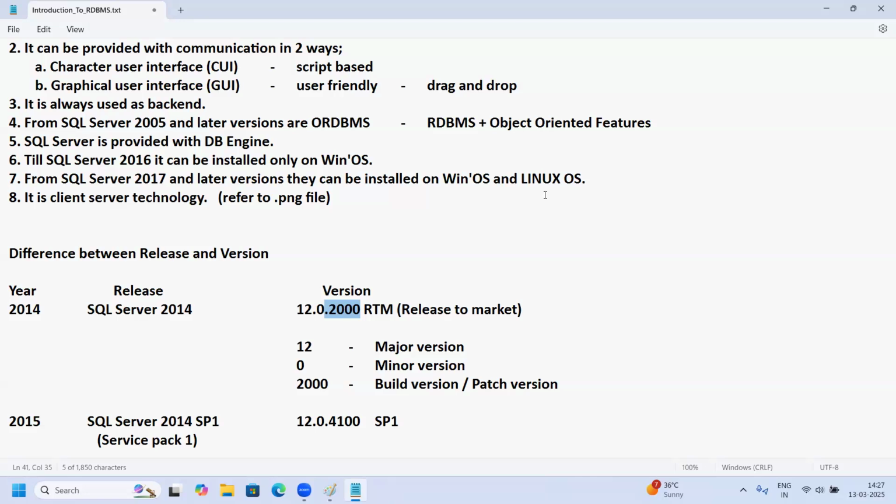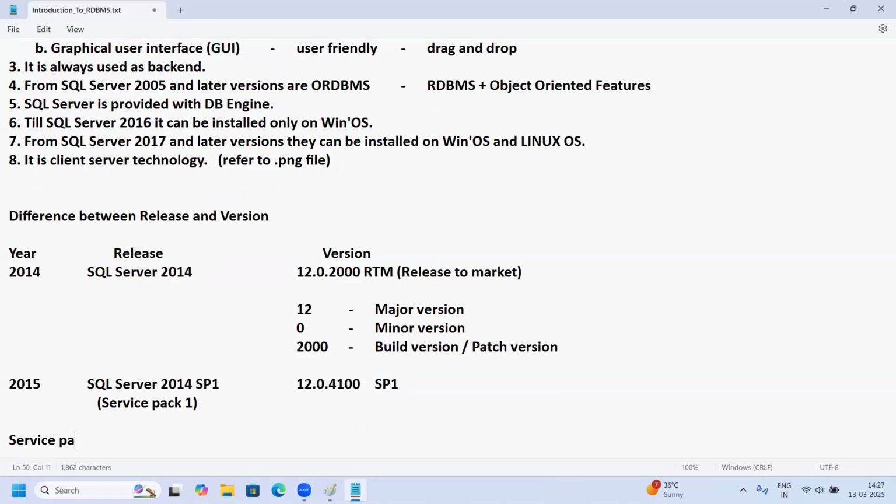These many are there. Yes, this is to just give you an idea what exactly is the difference between release and version. Now, a Service Pack is always a combination of three things. Remember what it is: hot fixes plus new features plus new OS support.